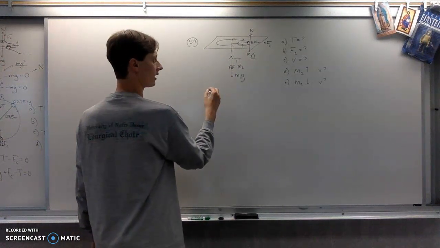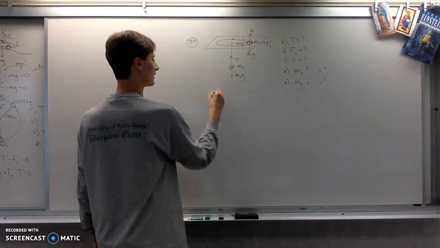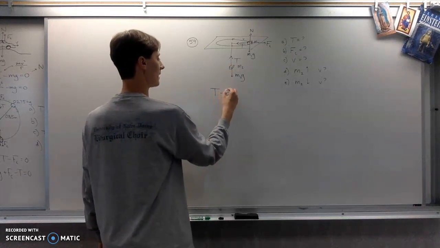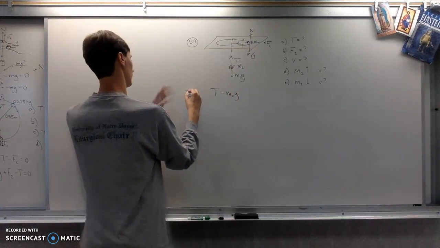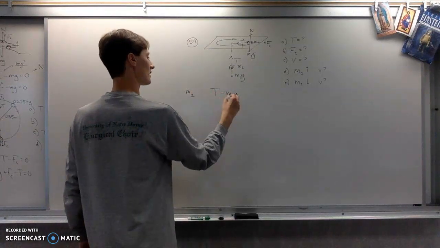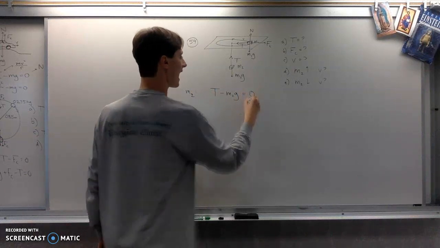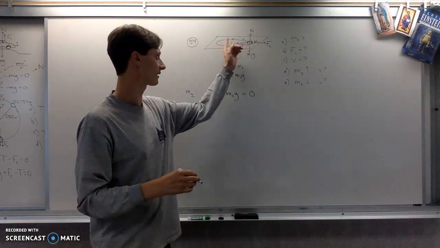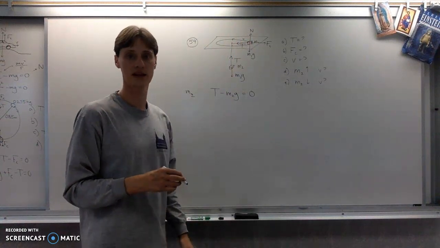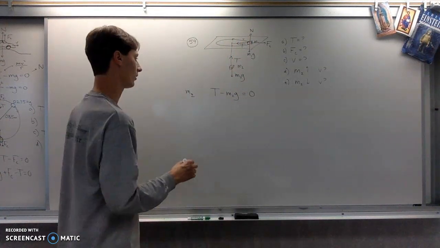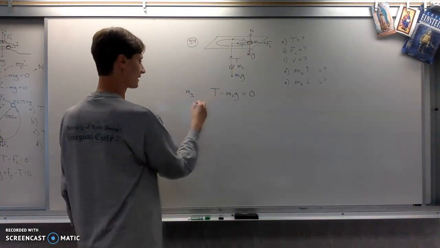So for the hanging mass, it's going to be T minus m2g, or the other way around, since they are telling you that it's at equilibrium, right? The fact that this thing is spinning up here is what's holding that thing in place. Okay. All right, so that's it for that one.